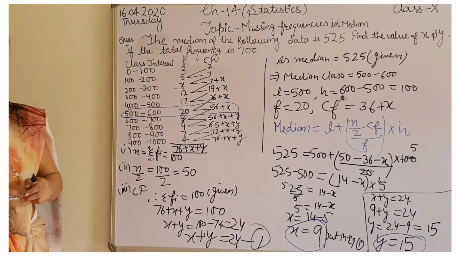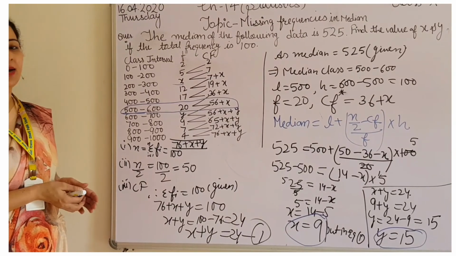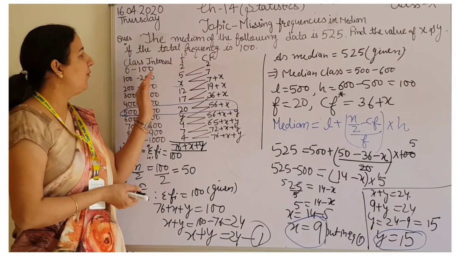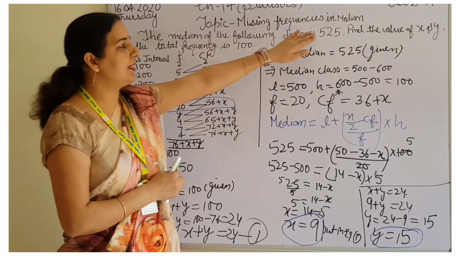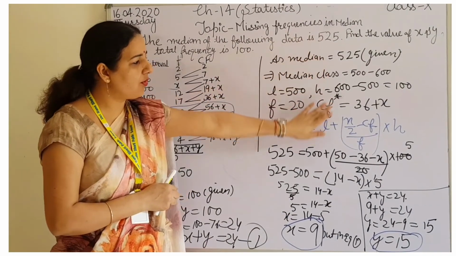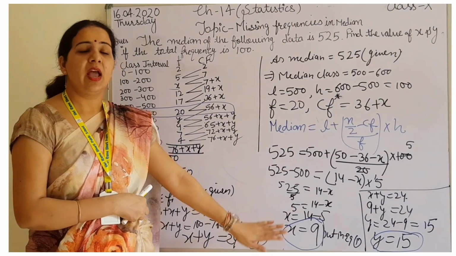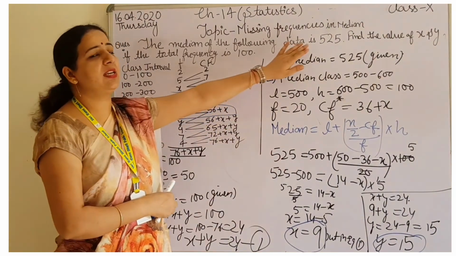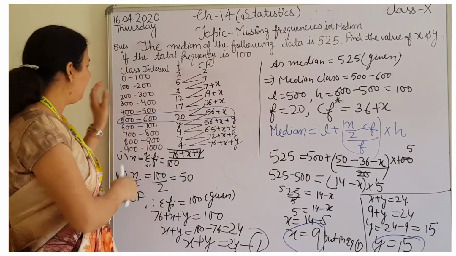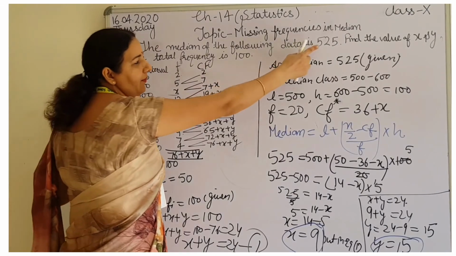Clear, class? Let me tell you one more thing about the same question. When the median is given, we will use the formula of median. When the median is given, the median class will be taken from the given value.